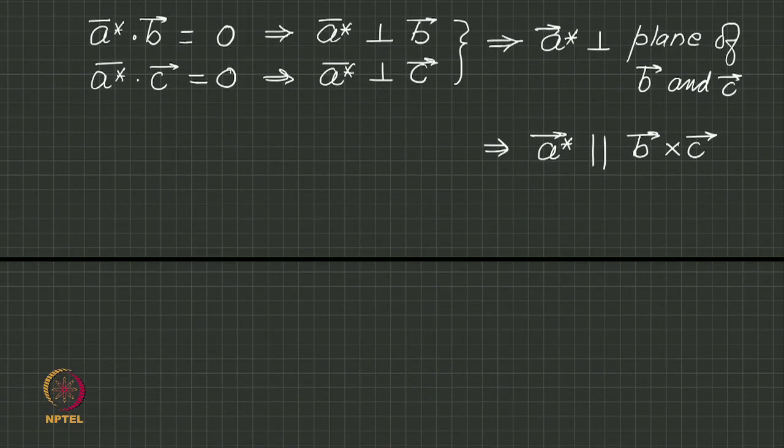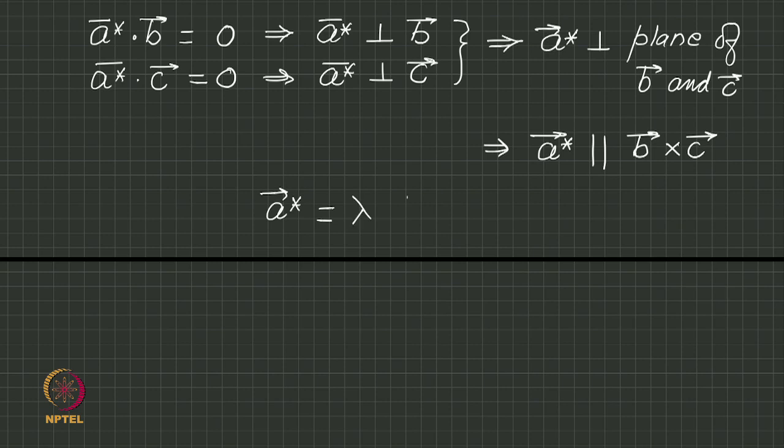If a vector is parallel to a given vector, then what can you tell about its magnitude? It will be a scalar multiple.